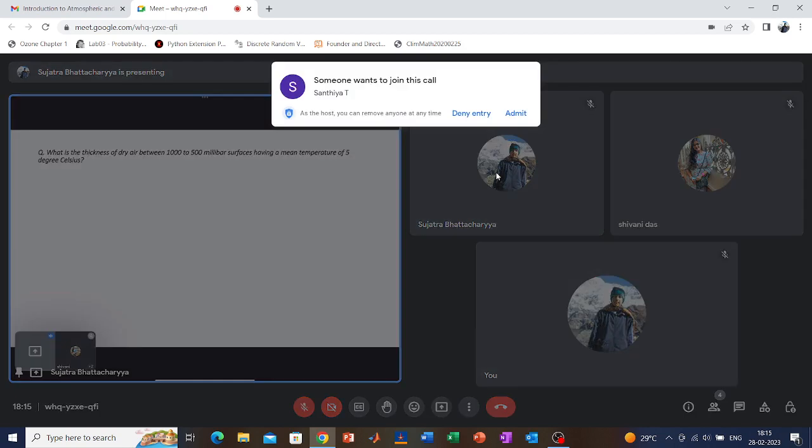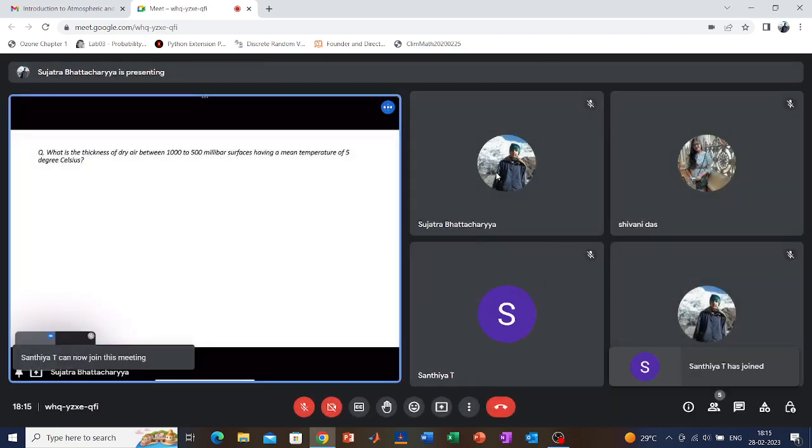Now here in this atmosphere, you take any temperature, but you have to convert it into Kelvin, because in thermodynamics we always convert any degree Celsius or any Fahrenheit thing to Kelvin, because that is the standard unit. Fine. Now it has been asked to calculate the thickness of the dry air.